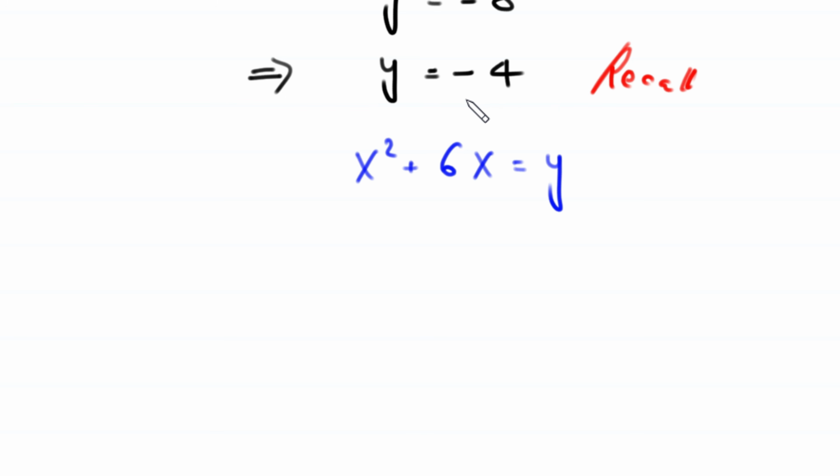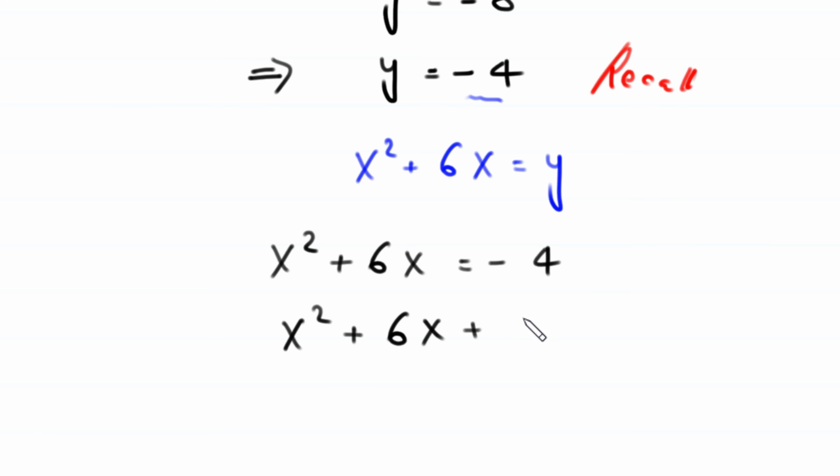Since y is negative 4, this will become x squared plus 6 times x equal to negative 4. Move this negative 4 to the left hand side, this will become x squared plus 6x plus 4 equal to 0.